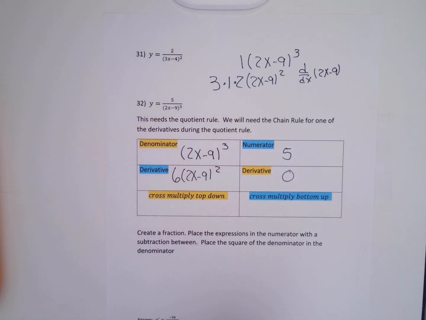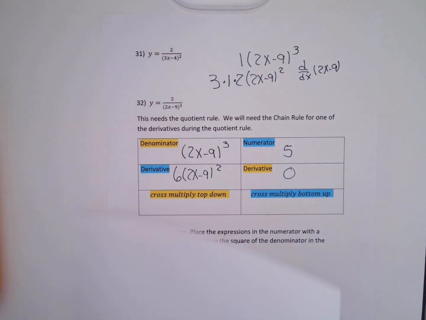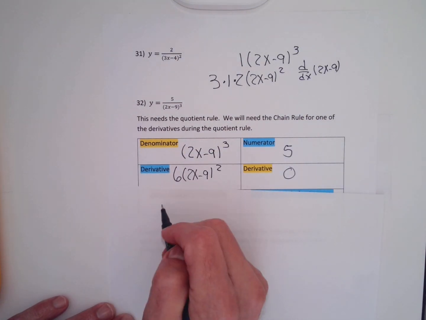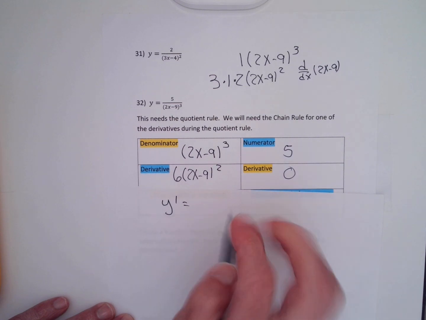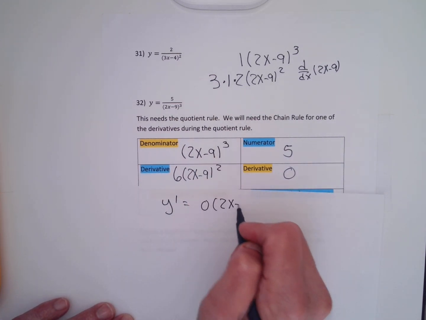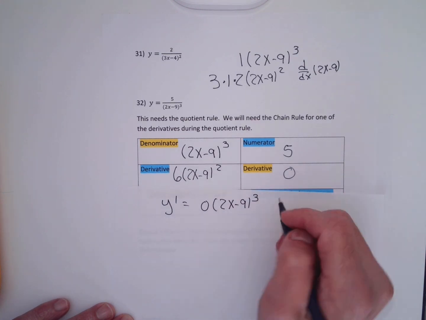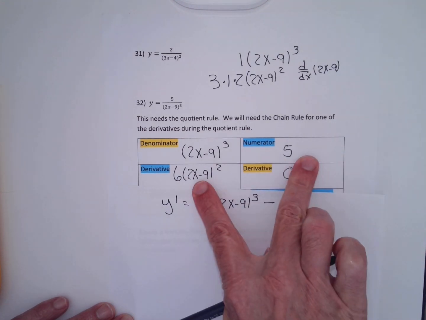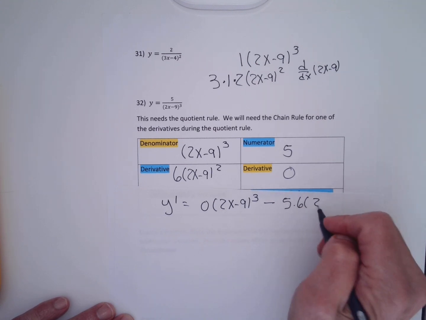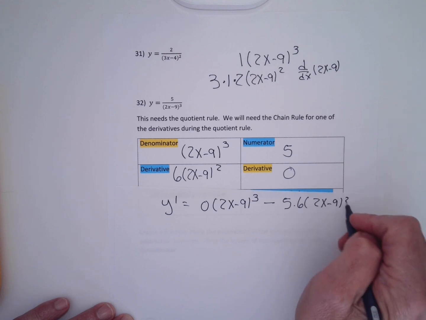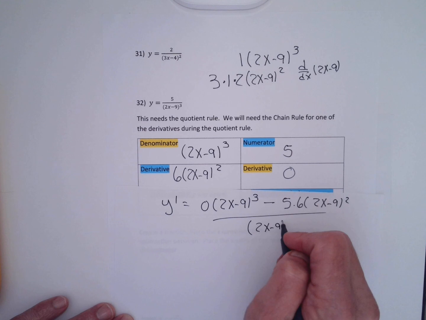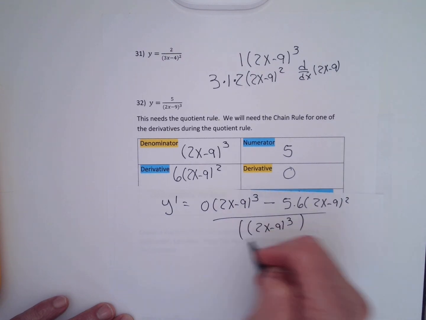Now let me set up for the quotient rule. The quotient rule, I multiply this way, that way, put a minus between for my numerator. So my derivative is going to be this, which is 0 times (2x minus 9) cubed, minus, multiply this in a nice order, 5 times 6 times (2x minus 9) squared, all over the denominator (2x minus 9) cubed, squared.